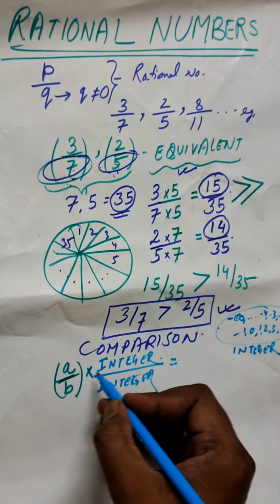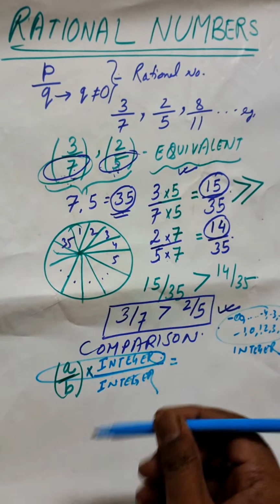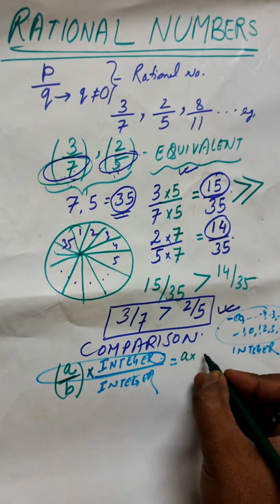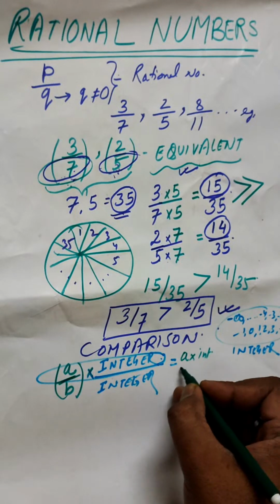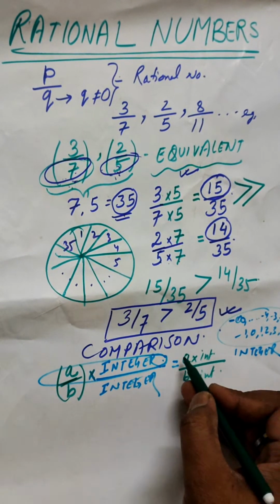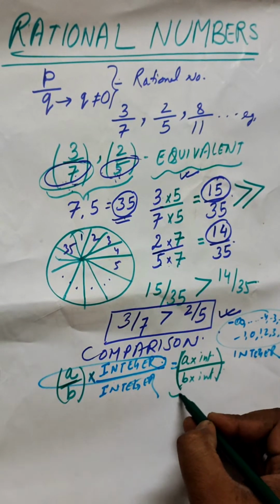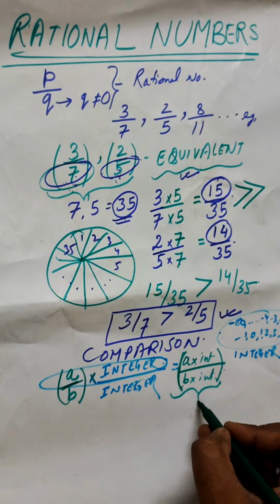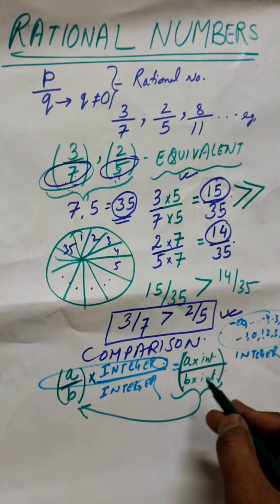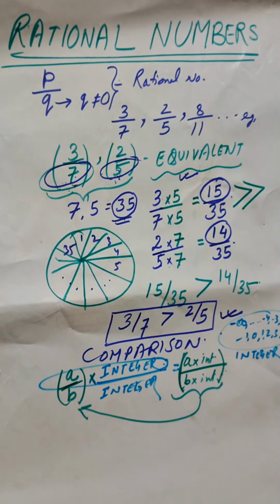Then this rational number, a multiplied by the integer divided by b multiplied by the integer, will also be a rational number with the same value as a by b. So this is a property.